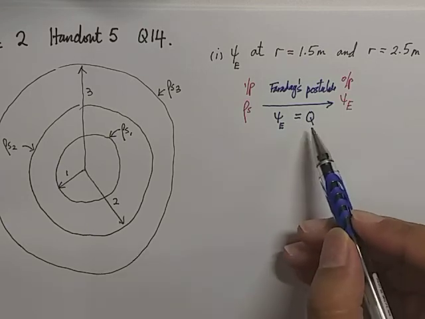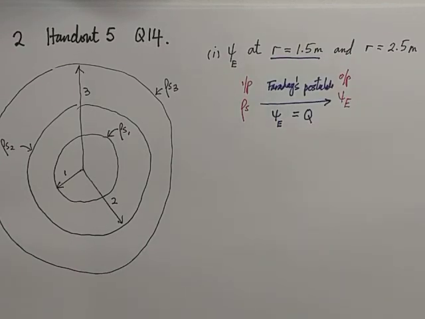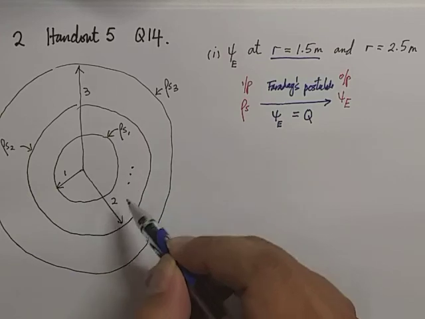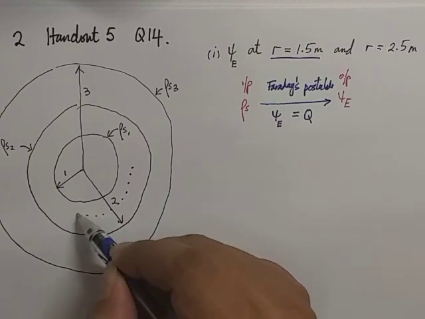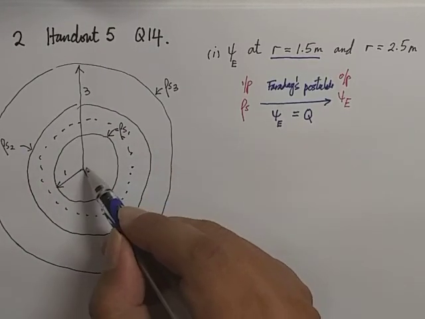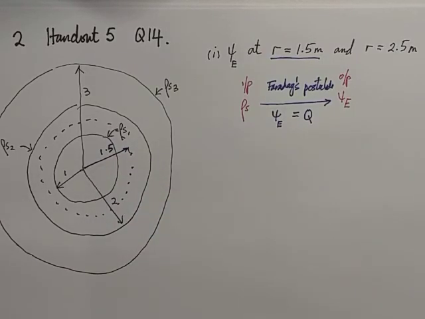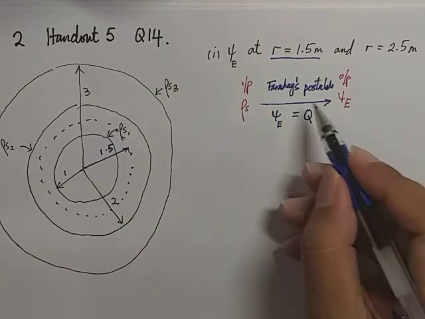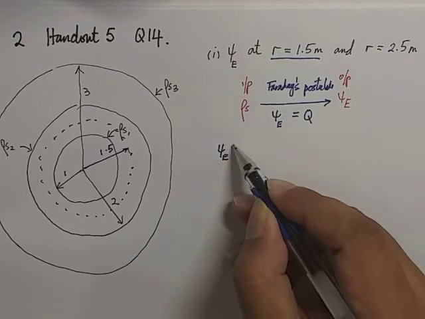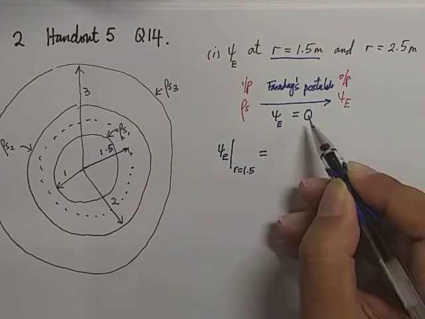Let's show now where r equal to 1.5 is. It should be located here in this particular region. So this should be our surface of interest, given as 1.5. From the diagram, using this argument, the electric flux at 1.5 should be equal to the charge.